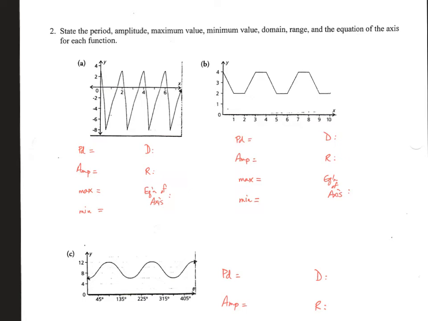So what you'll notice is below or beside each graph, I've just quickly jotted down what we're going to find for each one of these. What I'd like to do is walk through question 2A. And then I'd like to let you go for the remainder of B and C, and we'll see if we're good at identifying these features. Being able to identify features of a periodic function is the first part that's going to help you to solve problems when we get into dealing with it. So let's take a look at A.